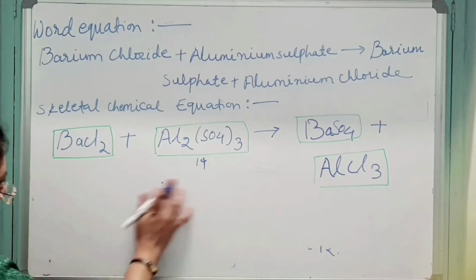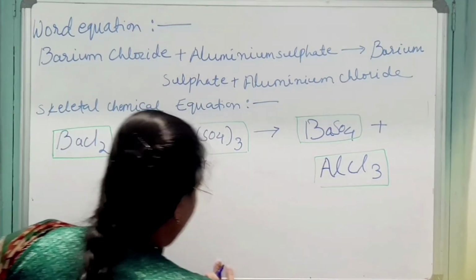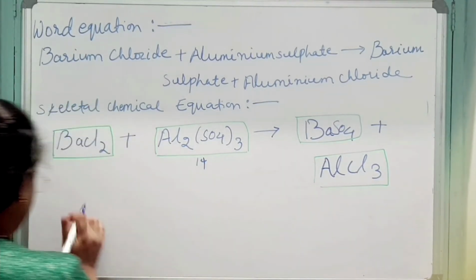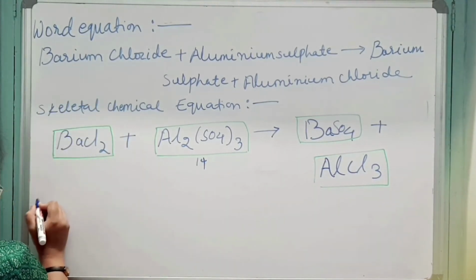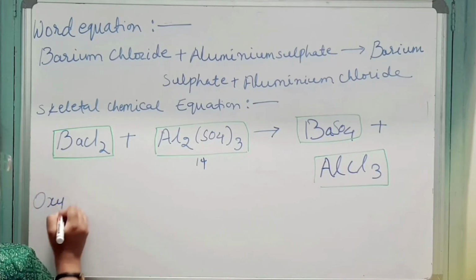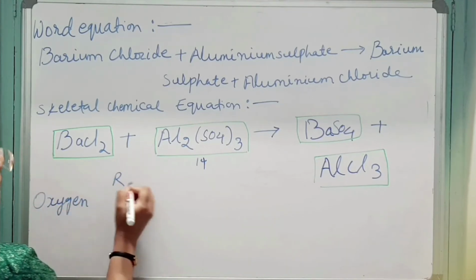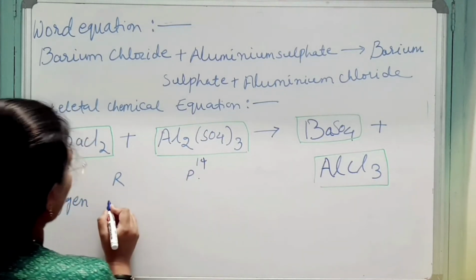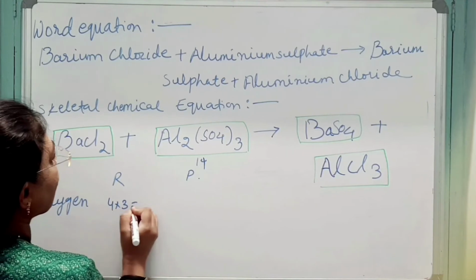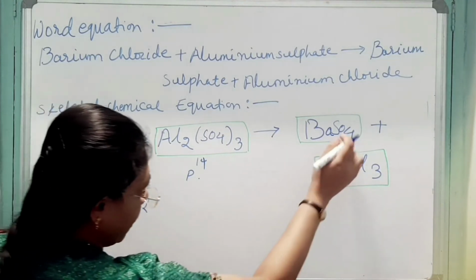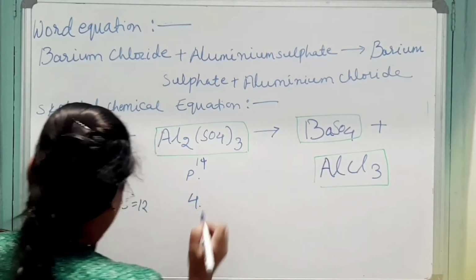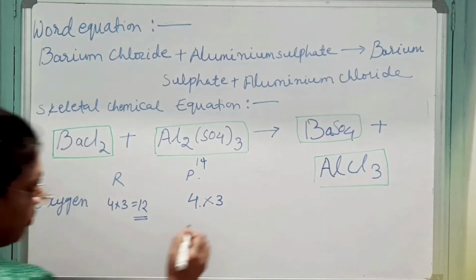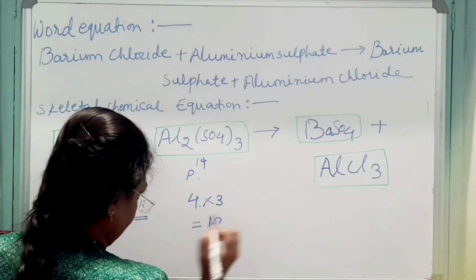First we will see how many atoms of oxygen are on the reactant side and how many on the product side. On the reactant side, 4 into 3, 12, and here it is only 4. If you multiply this by 3, on the product side it will become 12.